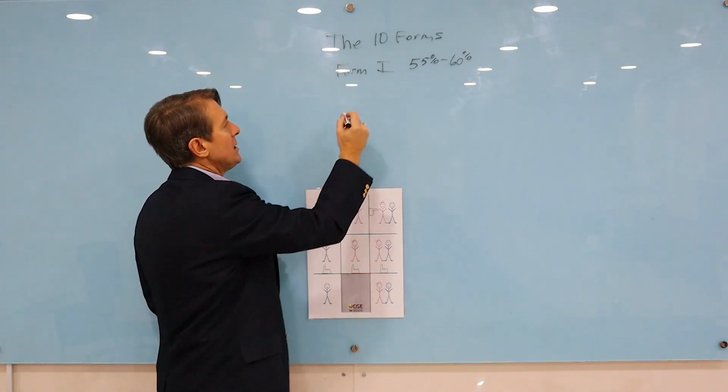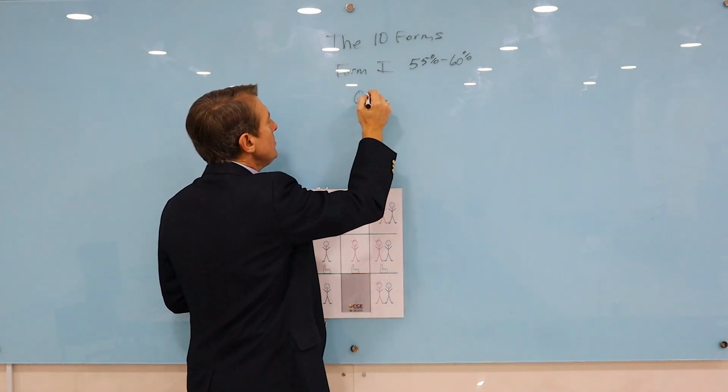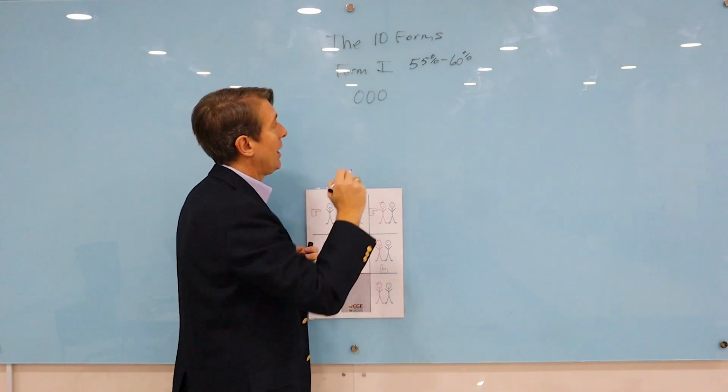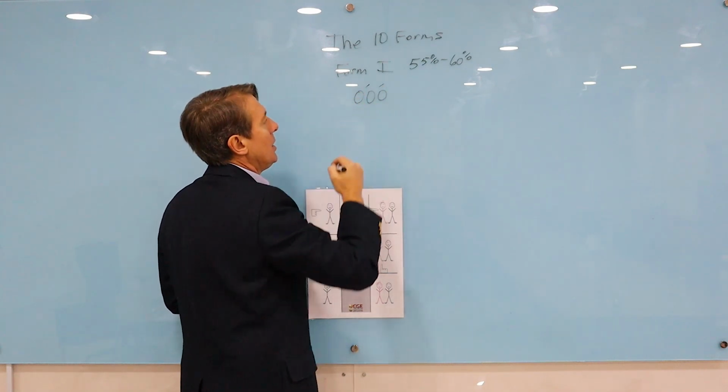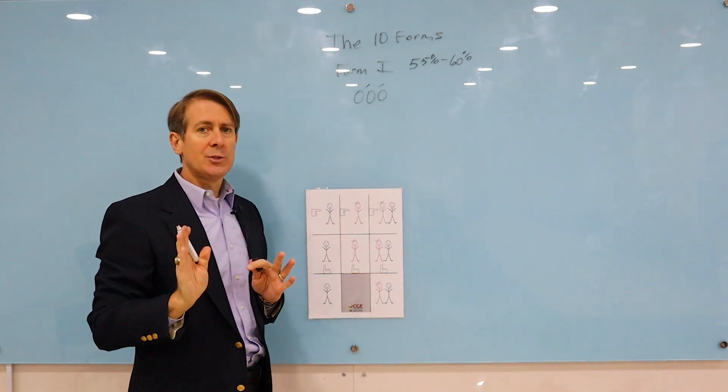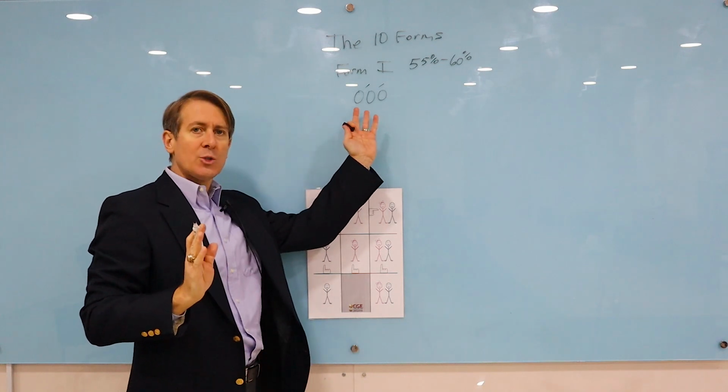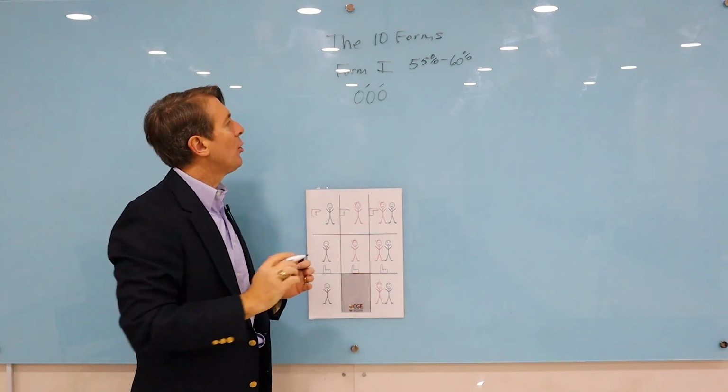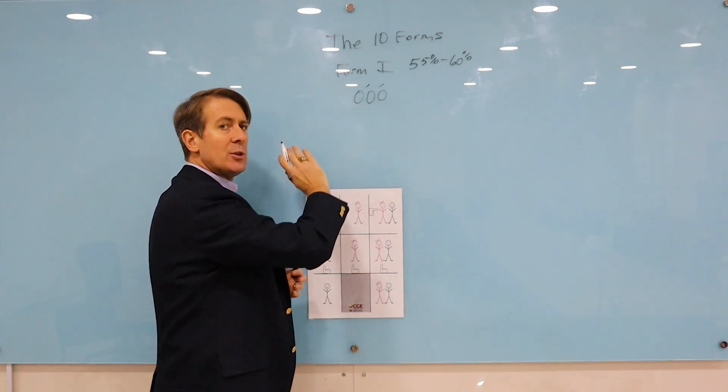And Form I is quite simple in some ways to recognize. It has three letters, which is the raw triliteral root. Okay, so that is the 3 letters of the root.